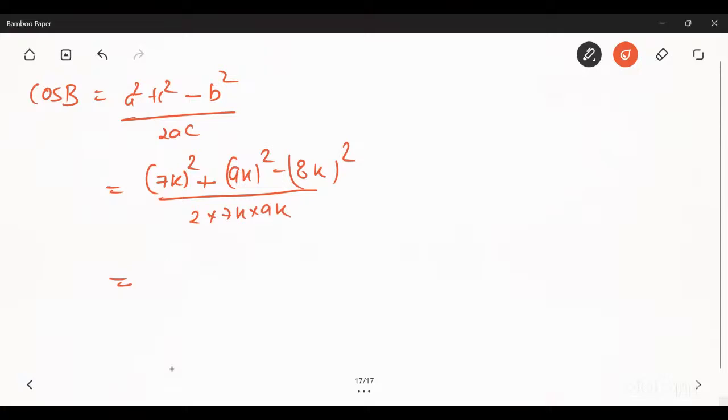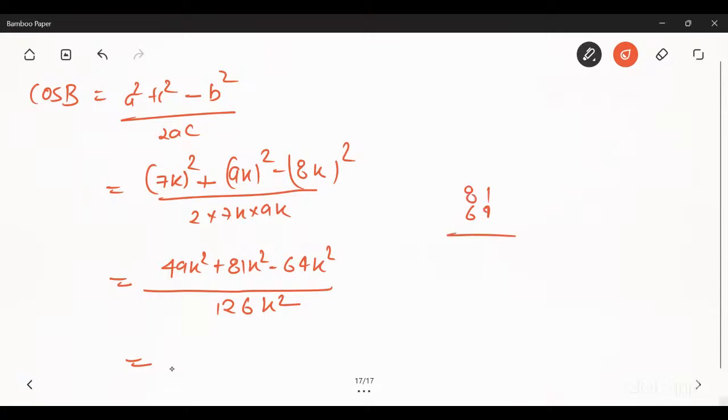So you will get 49k square plus 81k square minus 64k square, and in the denominator 126k square. 49 plus 81 minus 64 gives 66k square upon 126k square.